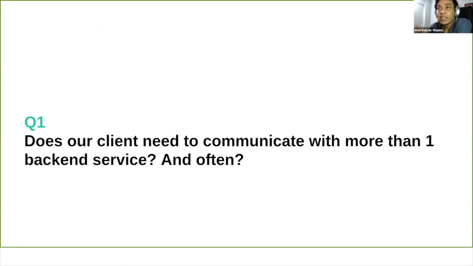So the question you can ask yourself is: does our client need to communicate with more than one backend service, and does it need to do this often? If so, Node.js is definitely a contender to be the environment of choice to build an intermediate layer.